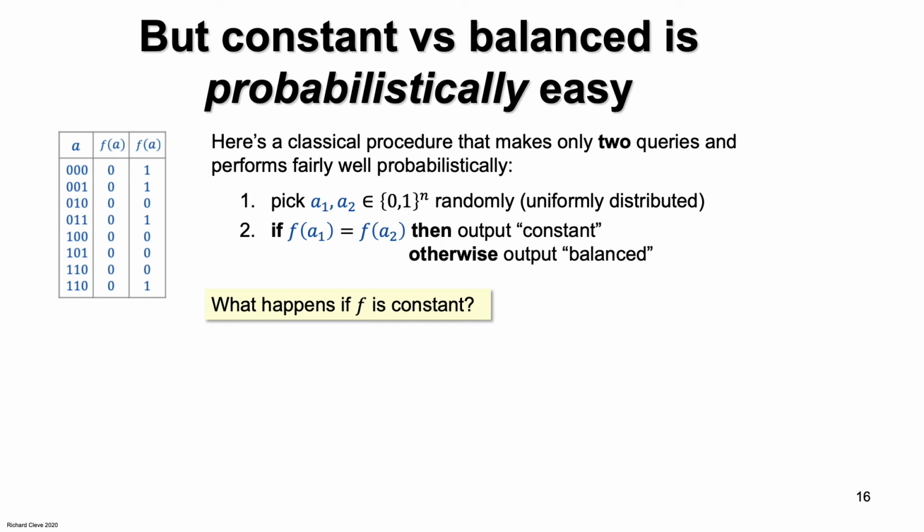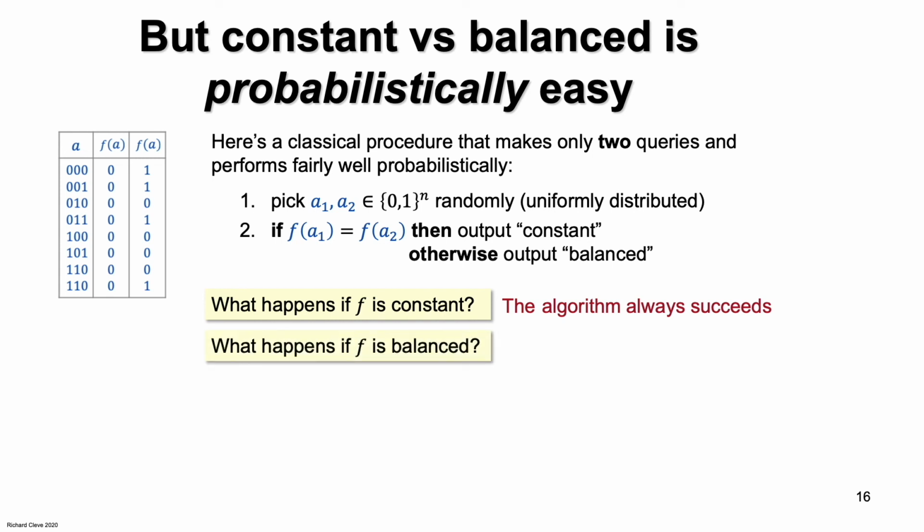What happens if f is constant? In that case, the algorithm always succeeds. The 2 bits will always be the same. What happens if f is balanced? In that case, the algorithm succeeds with probability 1/2. The probability that the 2 bits will be different is 1/2.